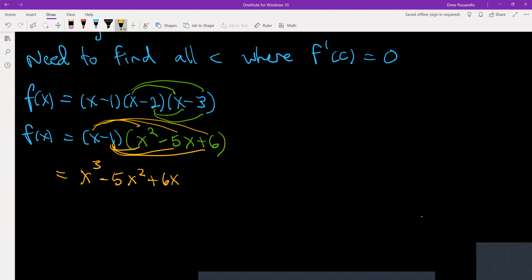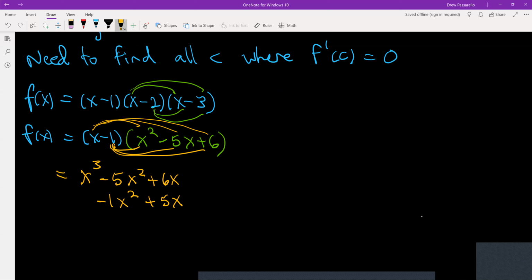That's going to make negative 1 times x squared negative x squared. I'm going to write it vertically like this, so I combine it with the negative 5x squared since those are like terms. Negative 1 times negative 5x is positive 5x, so I'll put that below the 6x since those are like terms.